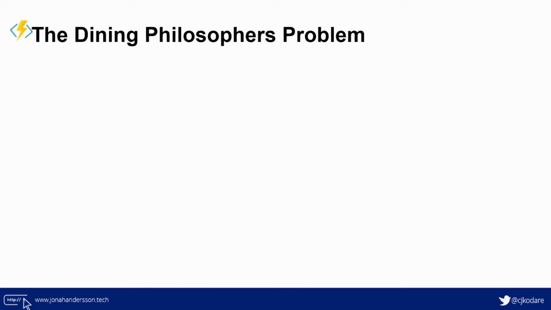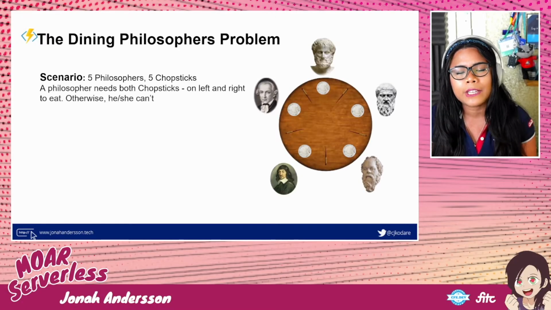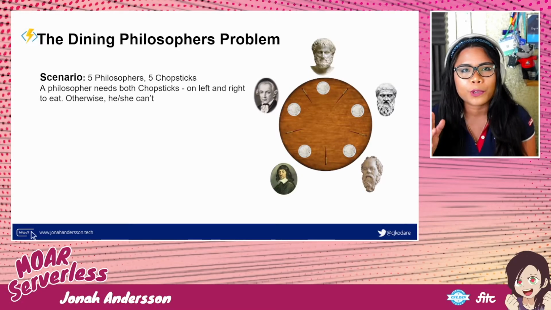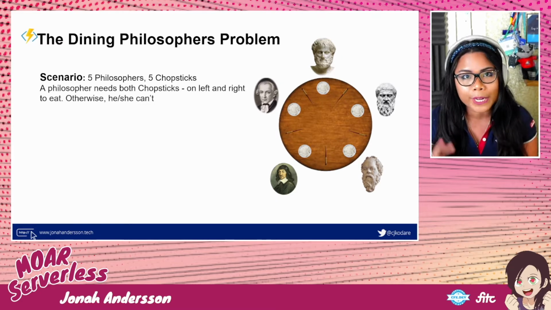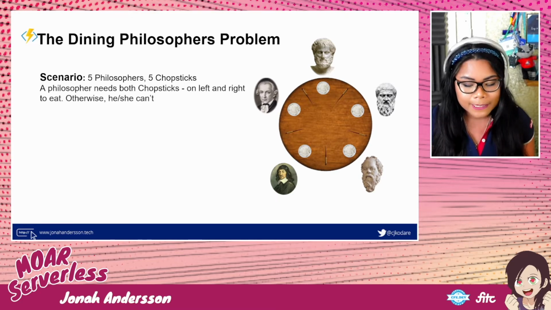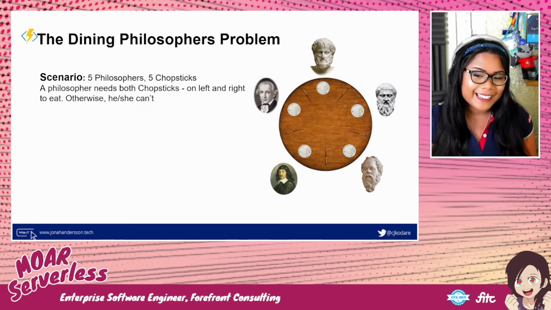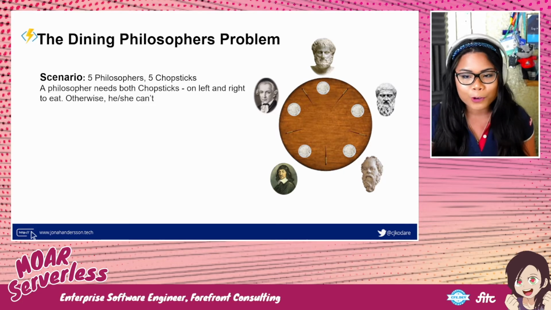Before we go through that, I want to share with you about the dining philosophers problem. I'm not sure if you have encountered that before, but the first time I encountered this was when I was studying Java development. This is a scenario where there are 5 philosophers. They only have 5 chopsticks on the table and they need to eat dinner. Of course, whether you're eating with chopsticks, or spoon and fork, or knife and fork, you would need 2.